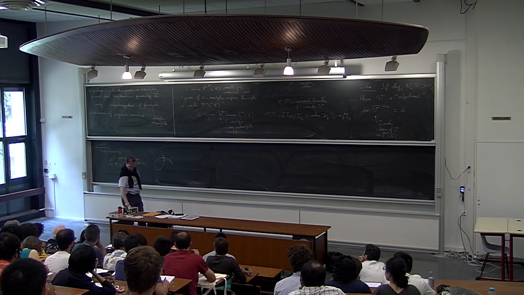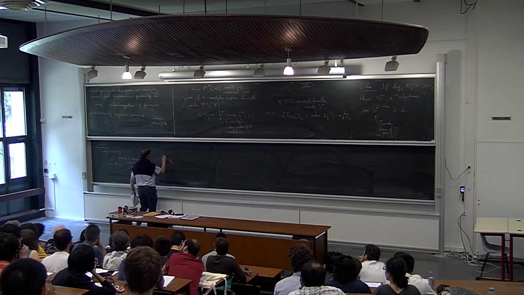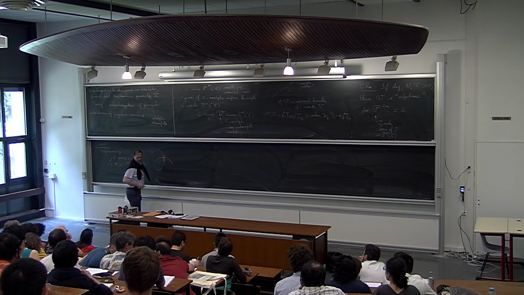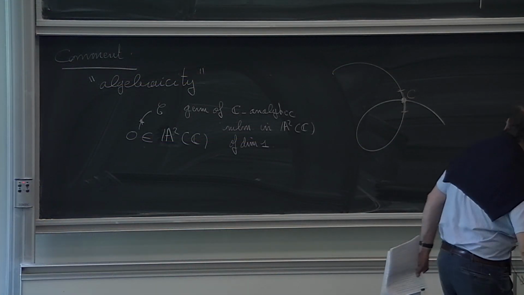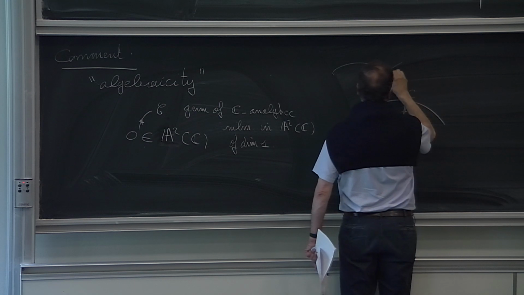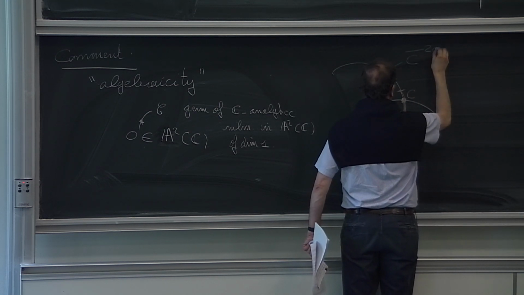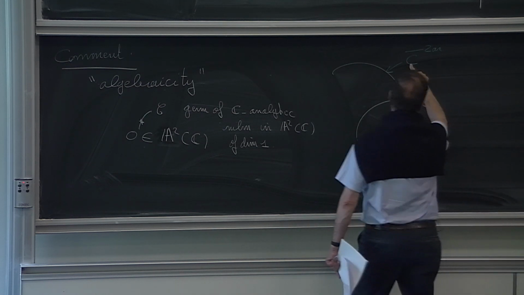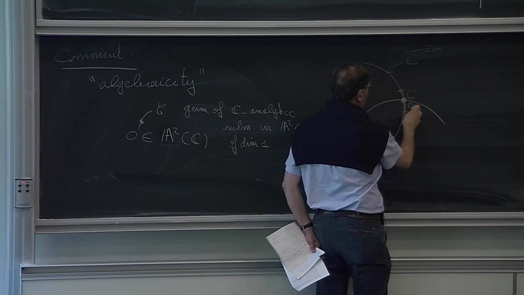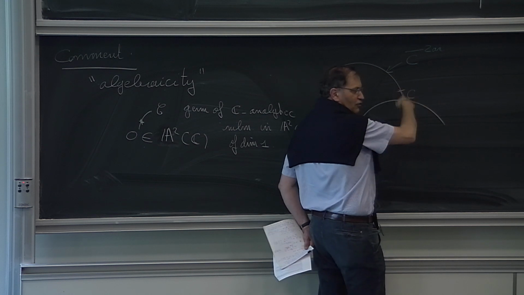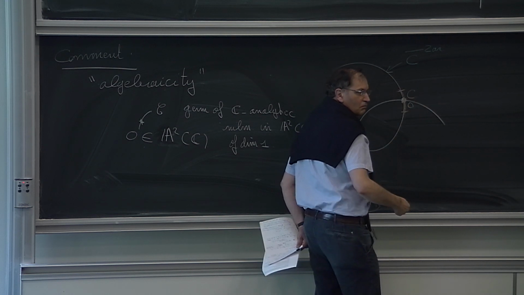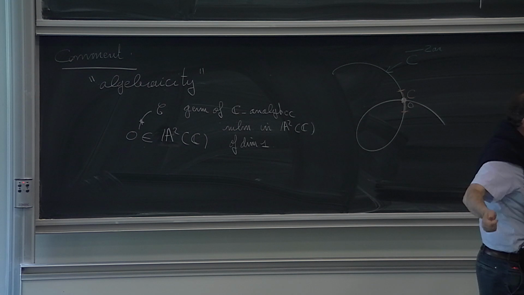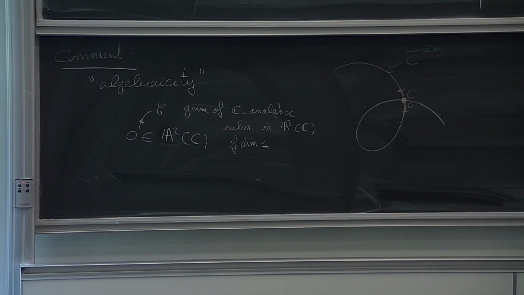Of course, if you take the Zariski closure of this C, you get the whole cubic. So you see the germ of the Zariski closure through the point is larger than the germ you started with. But it's very simple, and you certainly want this germ of curve to be algebraic.